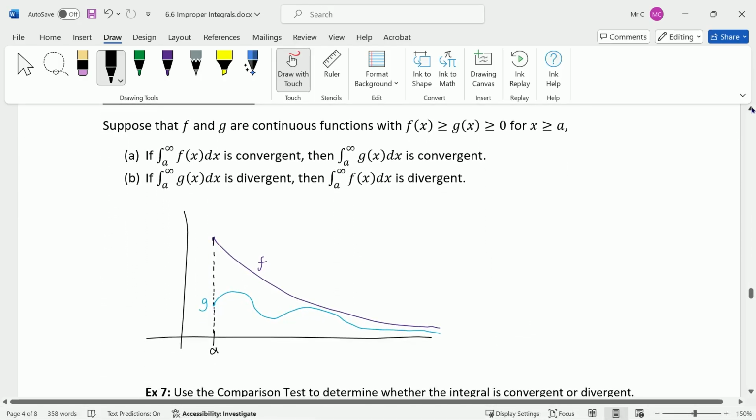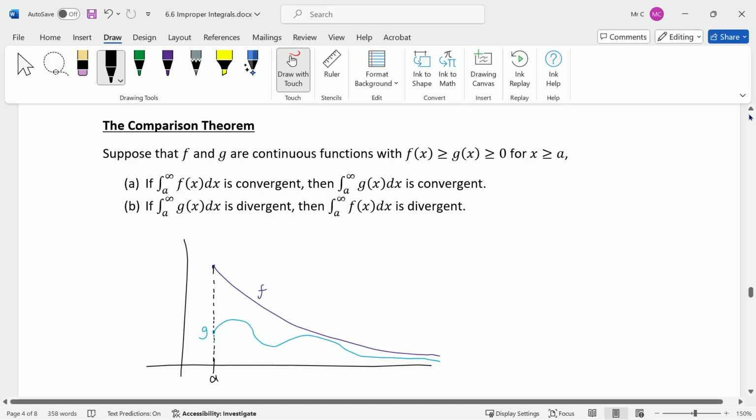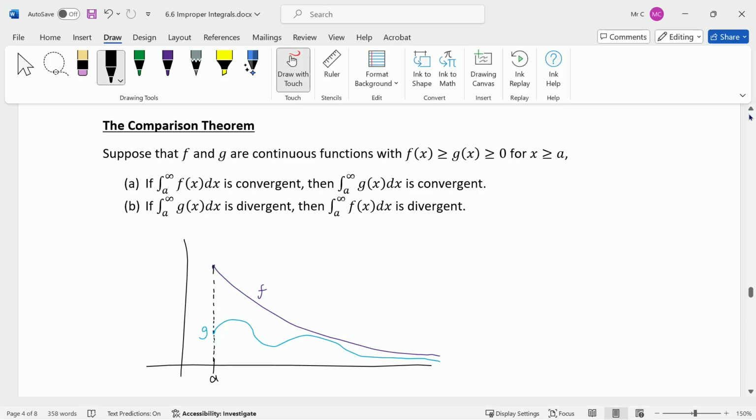So now we're going to talk about a very important theorem, and this theorem in particular is going to come into play when dealing with series, which will happen later in the class. So this theorem is called the comparison theorem, and it says something that's actually fairly simple.